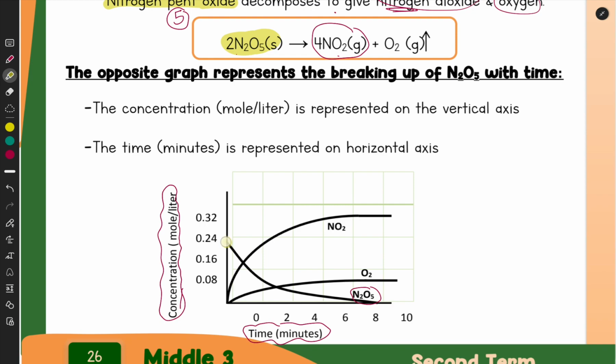At the beginning it was the greatest, then it began to decrease like this, and the concentrations of O2 and NO2 begin to increase over time. NO2 has a higher concentration than O2 because in the reaction we have 4 NO2 and only 1 O2, so NO2 is 4 times bigger than O2.